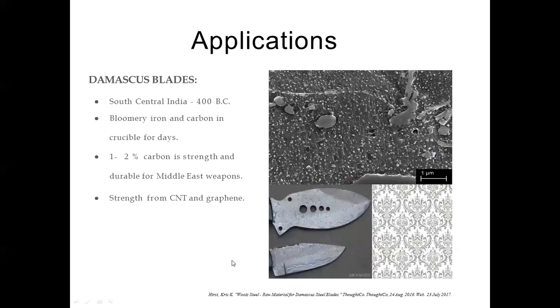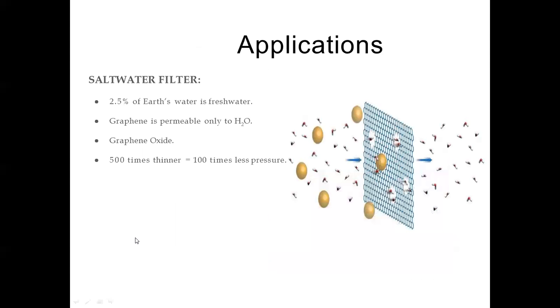So they've been making these for hundreds and hundreds of years in different parts of the world. Again, for saltwater filters, what we can do is look at these graphene sheets, that they're permeable to water, but not permeable to the sodium in the material. So what it's able to do is leach out the water and keep the sodium on the other side.